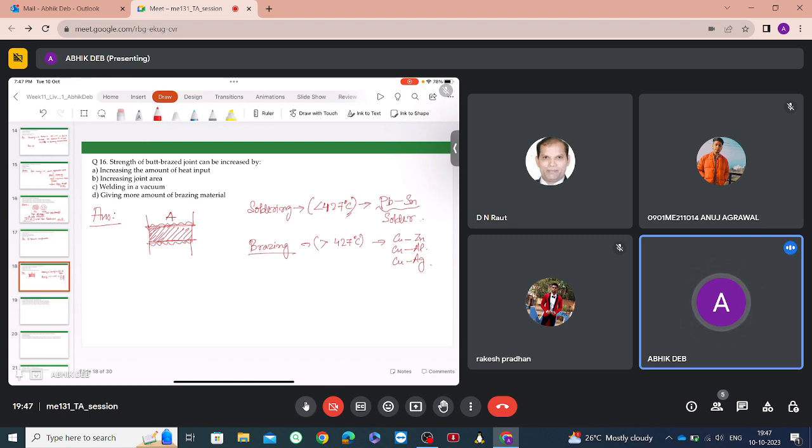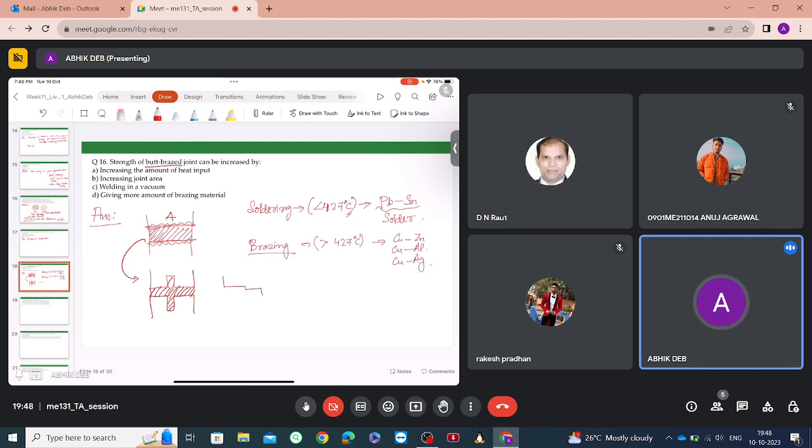Say in this joint itself, we make a section like this, and here we make the base material like this, then more area will be in contact, so the joint will be stronger. So the strength of a butt braze joint can be increased by increasing the surface area.